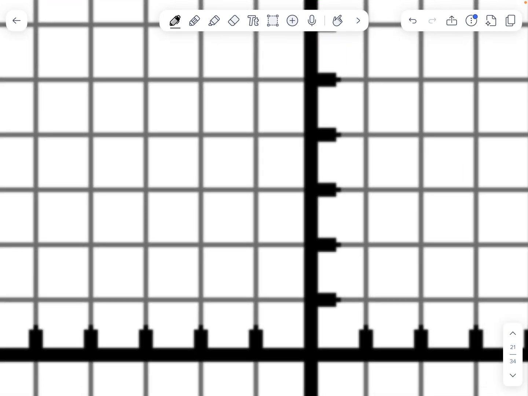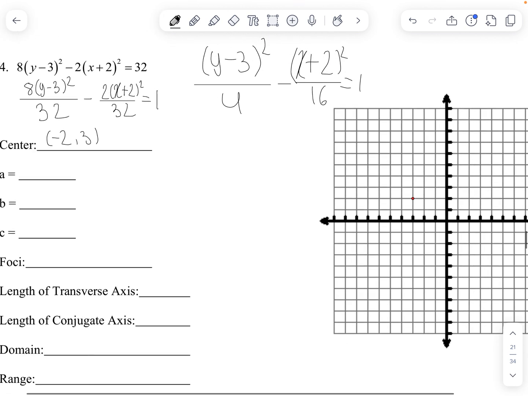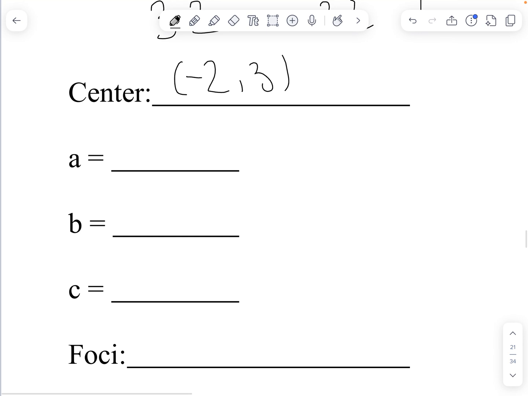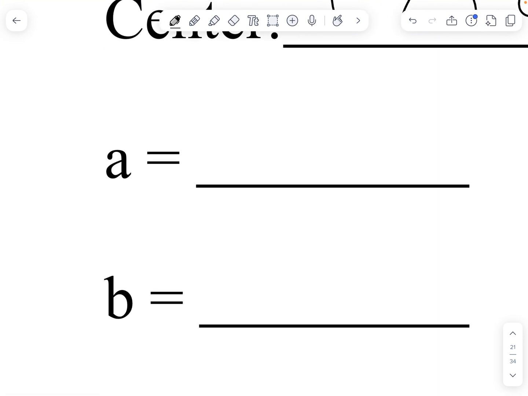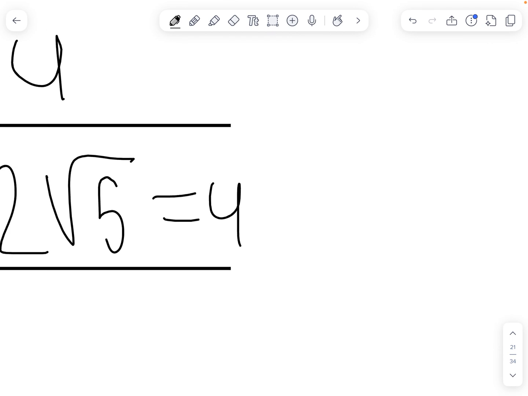So let's draw that in. The square root of 4 is 2, and the square root of 16 is 4. 16 plus 4 is 20, so the root of 20 is 2 root 5, and 2 root 5 in decimal form is 4.47.